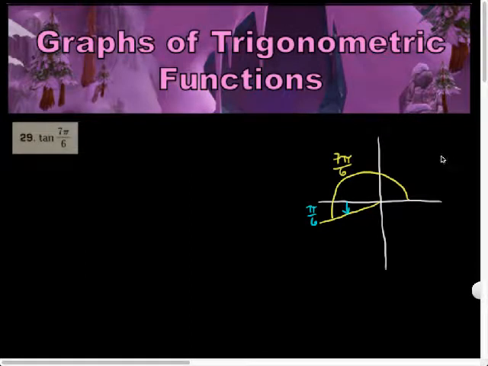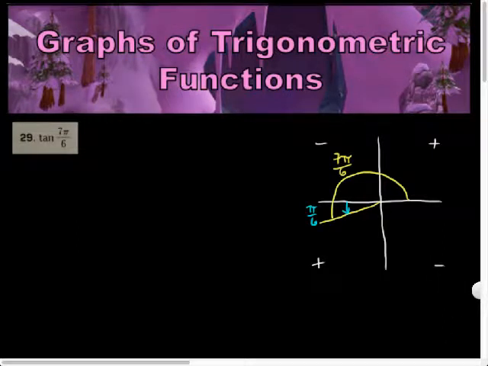It's positive in the quadrants where sine and cosine agree. For instance, in quadrant 1, sine and cosine are both positive, so tangent is positive. In quadrant 3, sine and cosine are both negative, and a negative divided by a negative is positive, because tangent is the ratio of sine to cosine. So this is positive here, and it's negative in these remaining quadrants.